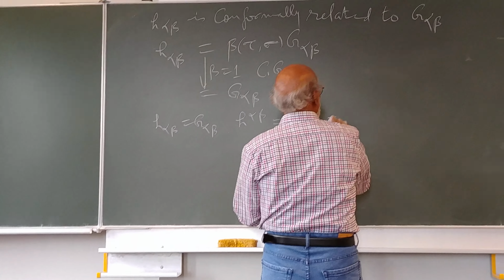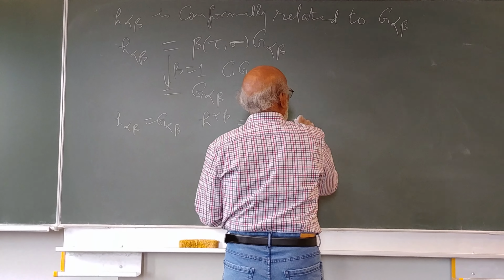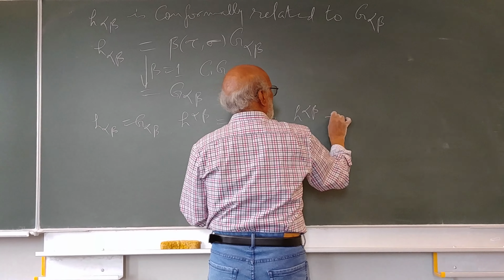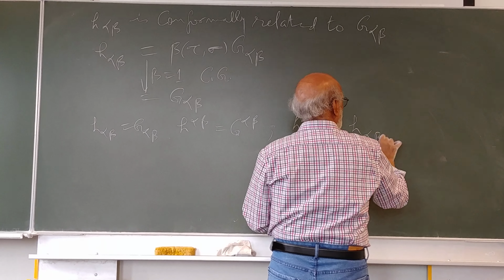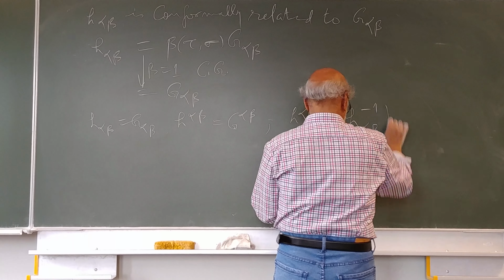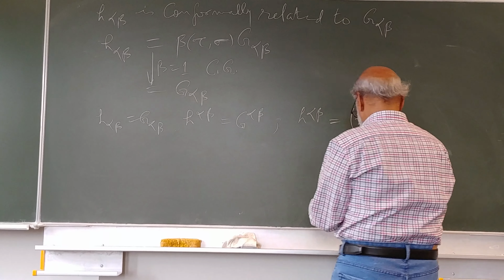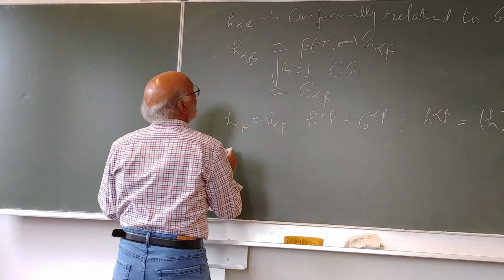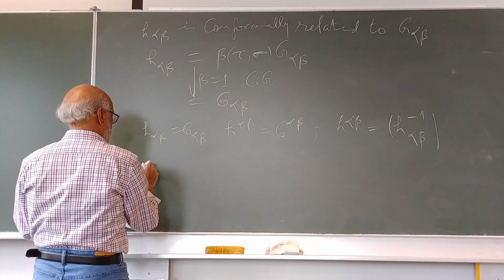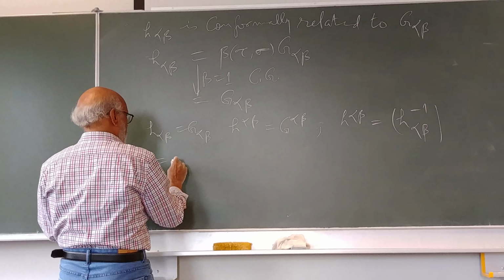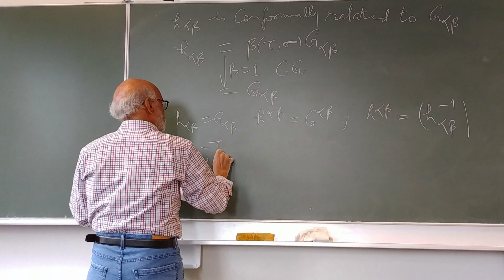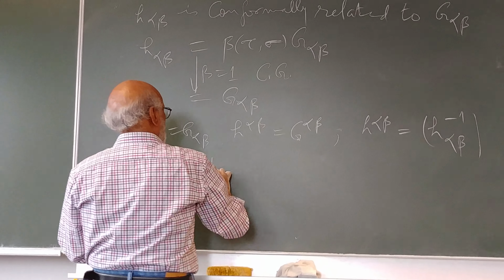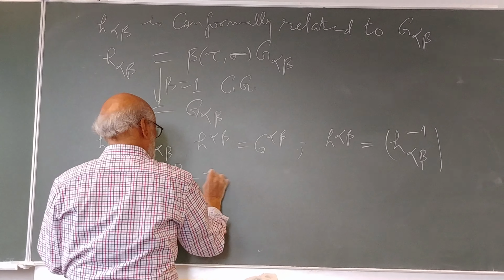And so H alpha beta is the inverse of H alpha beta, and you can find that in the Polyakov action, minus T by 2 d2 sigma.